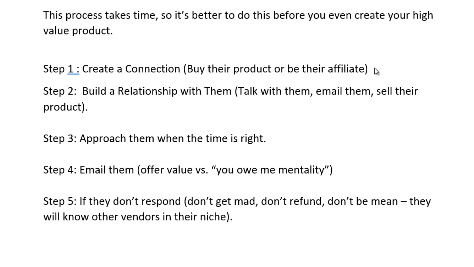So this is basically the process. Step 1 is to create a connection. Now, how do you do that? Well, there are several different ways to do that. And the first way is, of course, to buy their product.